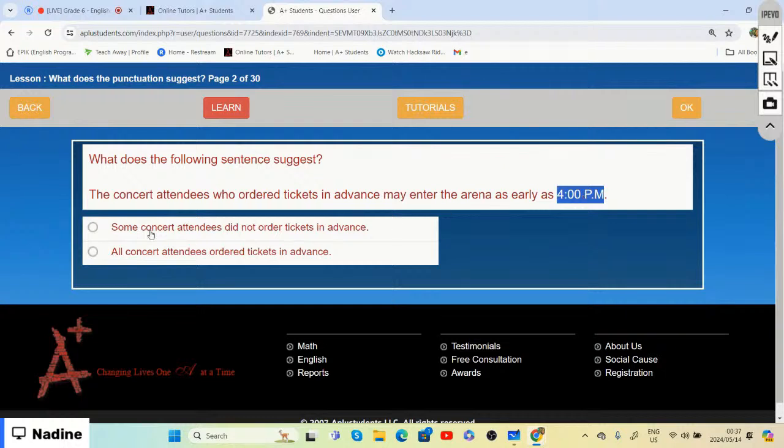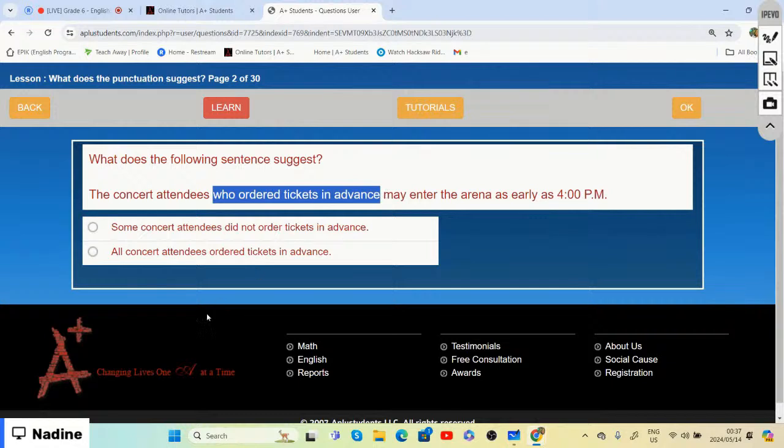Because here it specifically says the concert attendees who ordered tickets in advance, right? So this is a restricted element, right? This specifically states who or what can enter as early as 4 p.m. It is those who order tickets in advance, which means that if you did not order tickets in advance, then you cannot enter the arena as early as 4 p.m., right?